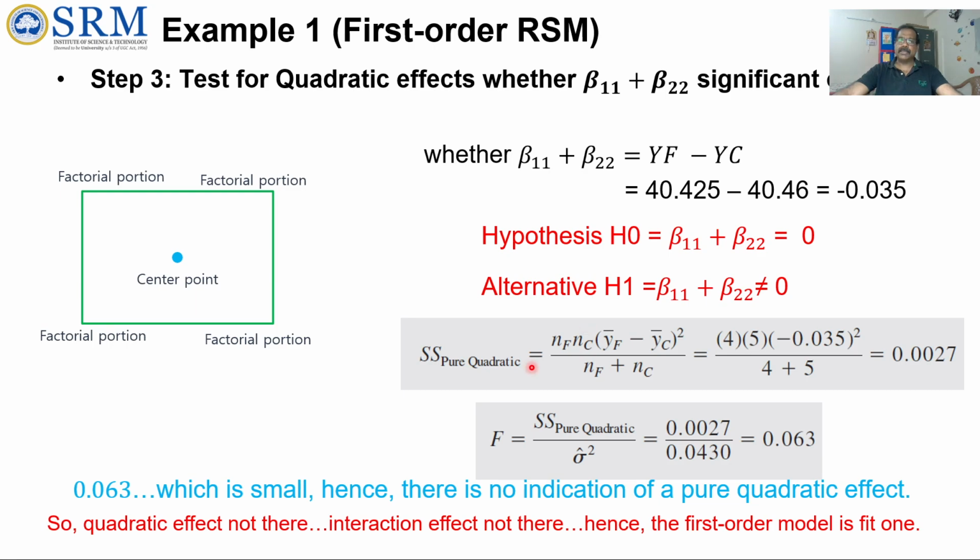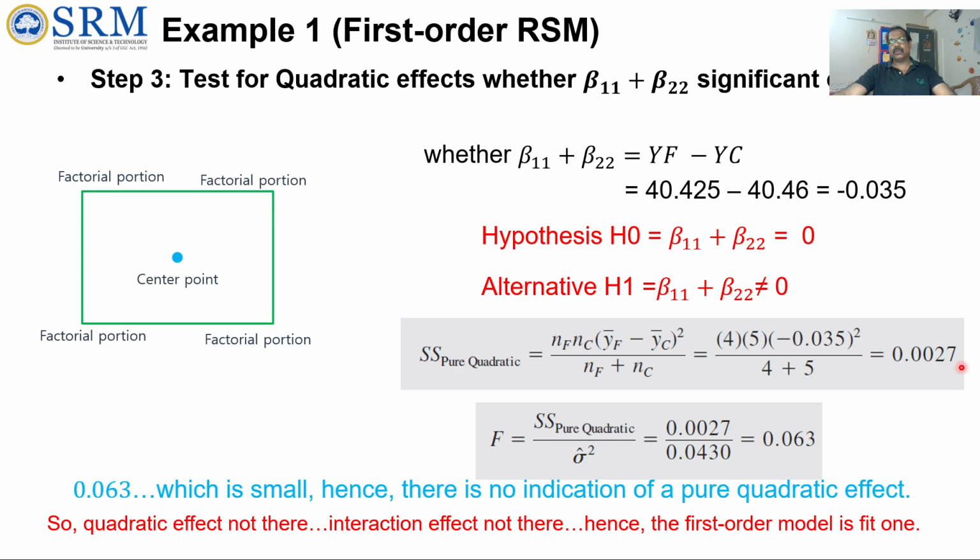In factorial we have 4, and in nc we have 5 repetitions. So y of f minus y of c whole square, minus 0.035, times 4 into 5 divided by 4 plus 5, gives 0.0027.